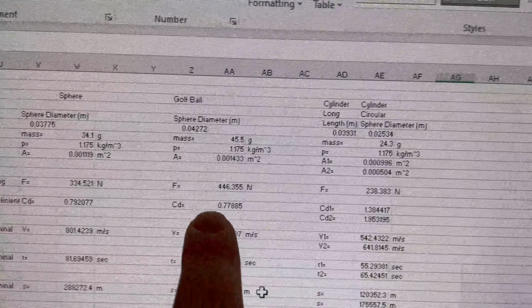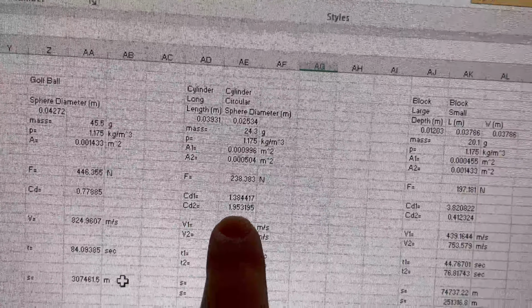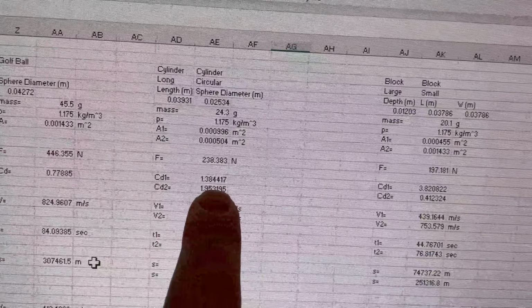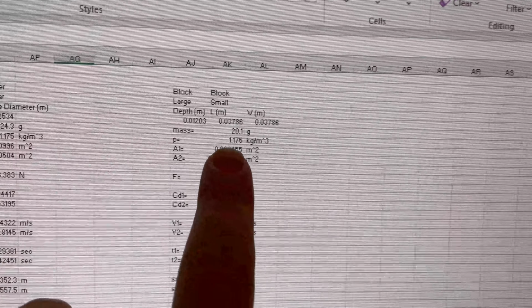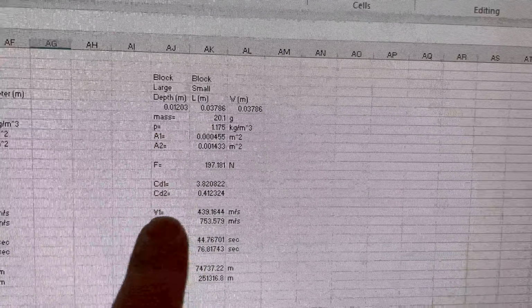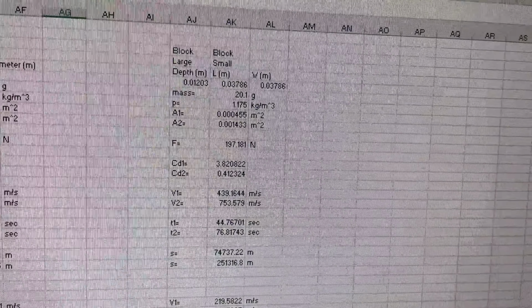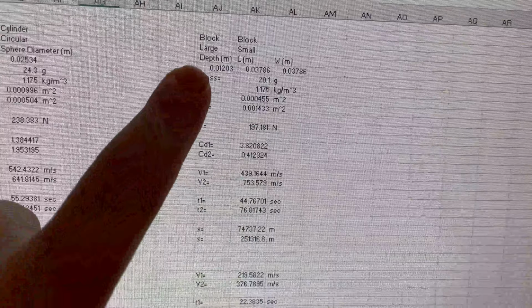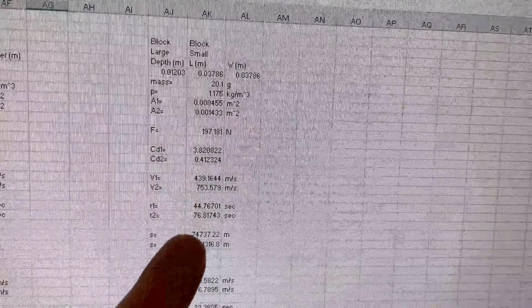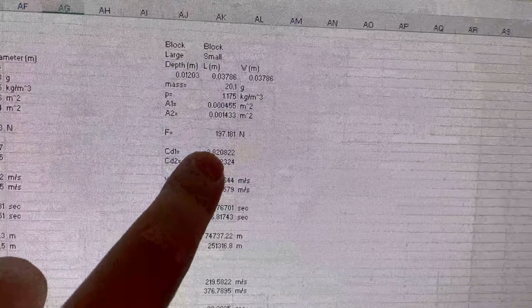You know, this is a sphere, this is a sphere diameter for the golf ball. And then this is 1.38, 1.95, depending on the direction you've thrown it. And I just did it based off the areas that I did here. I'm not sure if that's actually accurate because this is large, this is small, and obviously the drag coefficient is higher on the large.